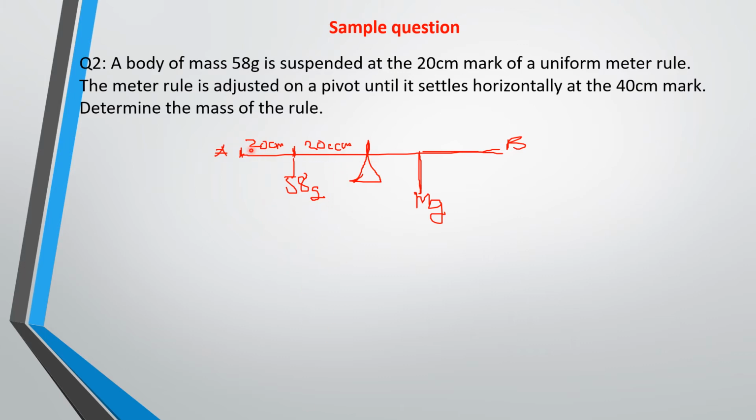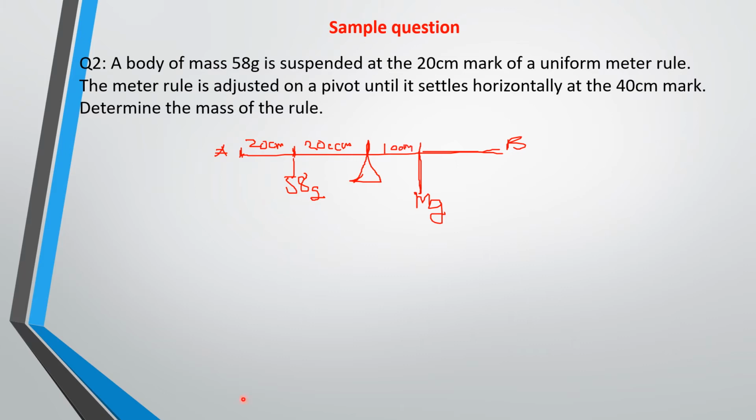Then if from here is 40 and this is the midpoint, it means that from this point to this point is equal to 10 centimeters.